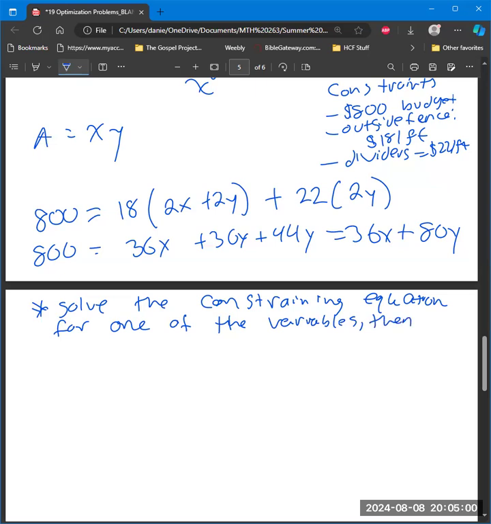Then substitute into the objective function.